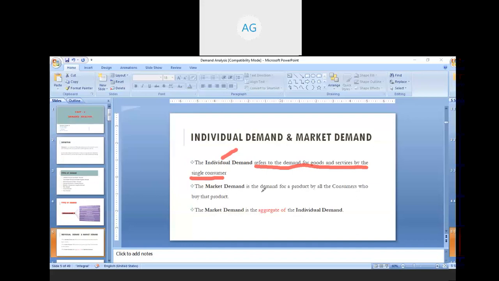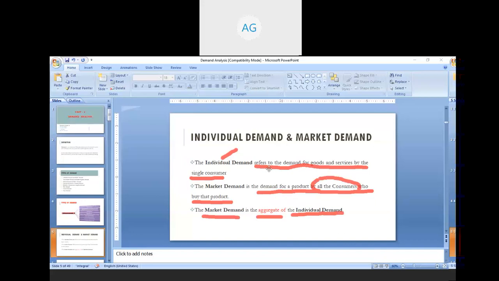Then market demand is the demand for a product by all the consumers who buy that product. Suppose a particular product is there, then the market demand includes all the consumers who buy that product. Basically, the market demand is the aggregate of the individual demands.